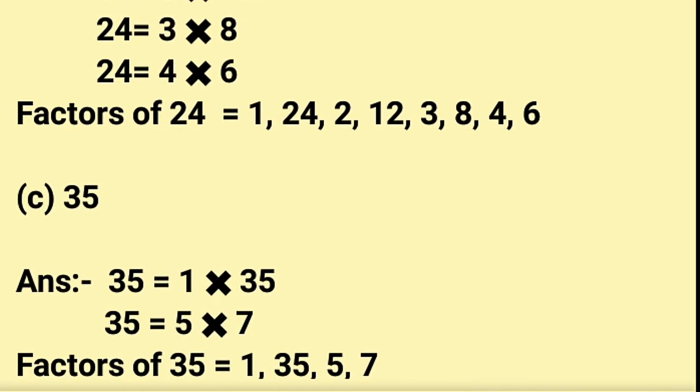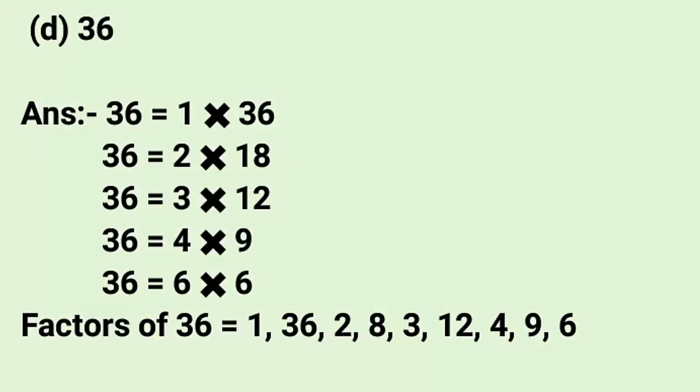Now C part is 35. So let's write the factors of 35. 35 is equal to 1 into 35. 35 is equal to 5 into 7. So factors of 35 are these 4, right? 1, 35, 5 and 7. Here D part is factors of 36.